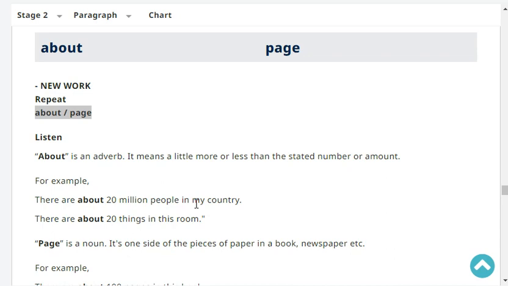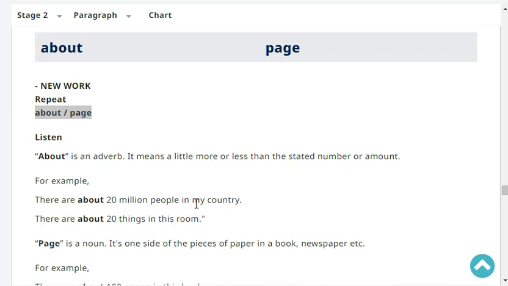It means a little more or less than the stated number or amount, like an estimate. For example, there are about 140 million people in my country. So it's not exact, it's just an estimate. There are about 20 things in this room, but it's not actually 20, just an estimate.